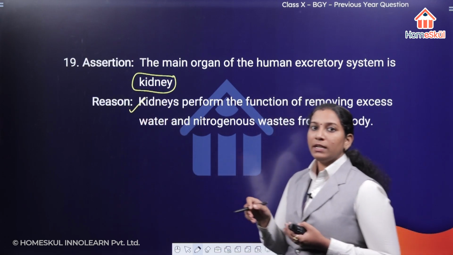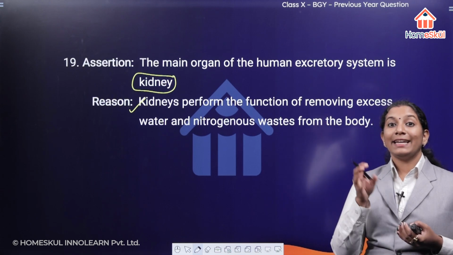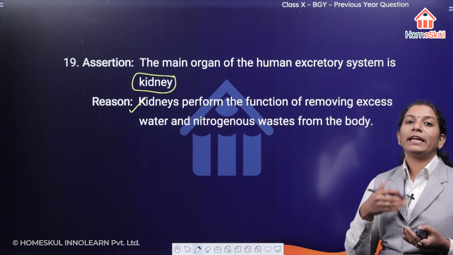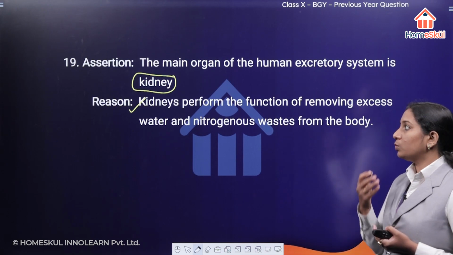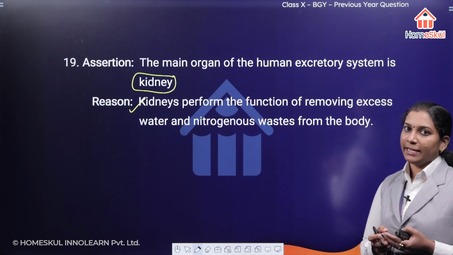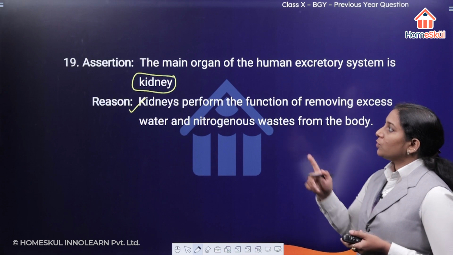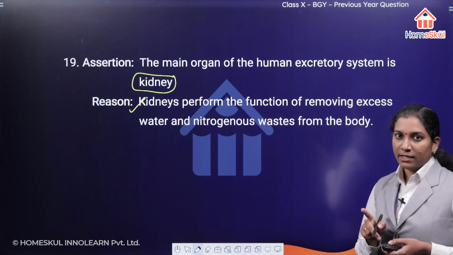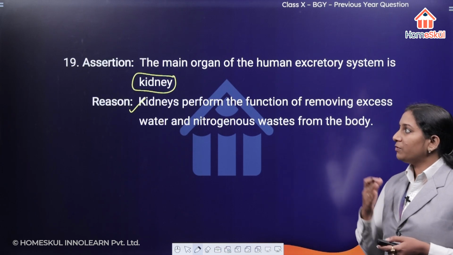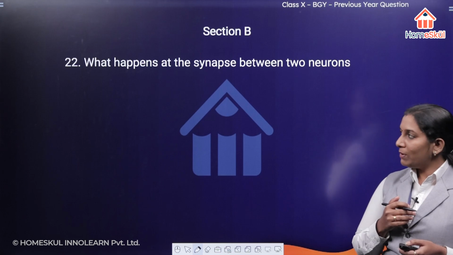Because kidneys help in the excretion of excess water as well as nitrogenous waste materials. All these things get eliminated through the processes taking place inside the kidney, ultrafiltration and all taking place inside the nephrons of the kidney, right? So the assertion and reason are true statements, and the reason is the correct explanation for this assertion, right?